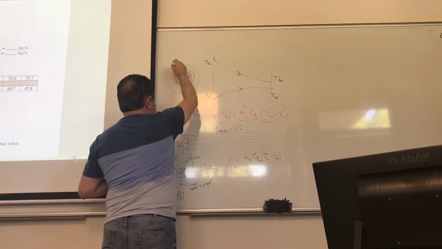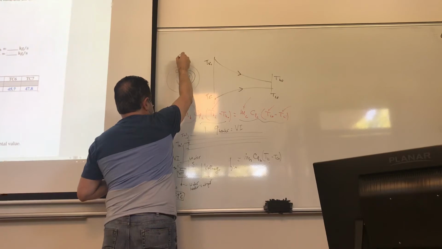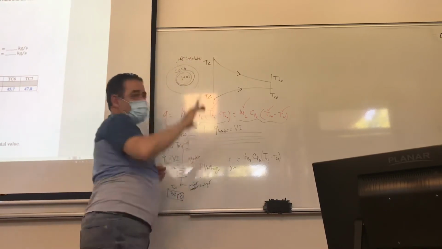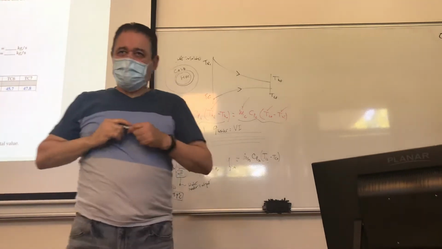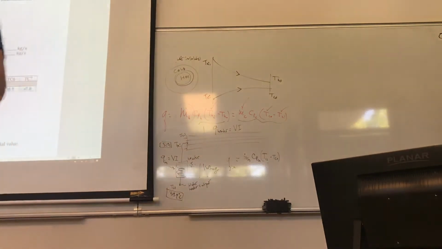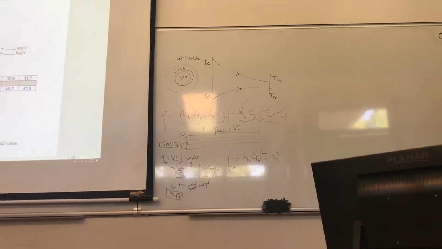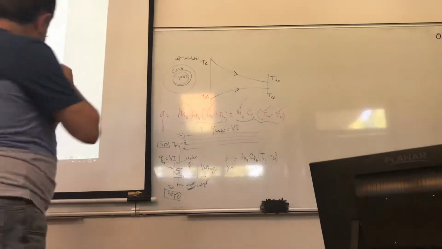But this is not insulated. In fact, when you touch it, you find that, darn it, it's a little bit warm. So what does that tell you? Some of that heat is lost. That's part of the error analysis.